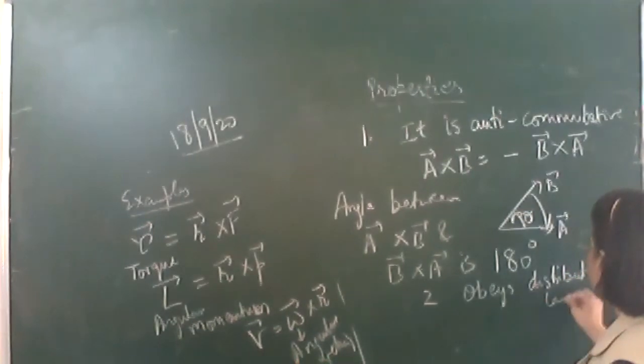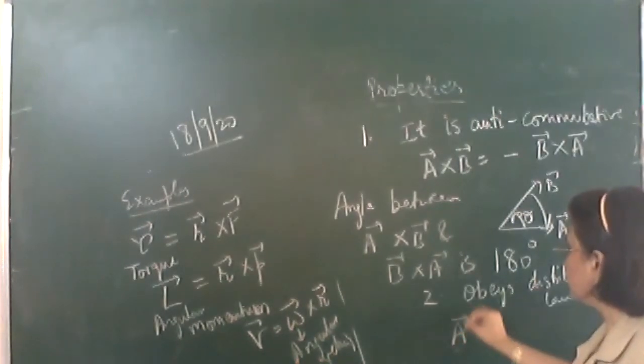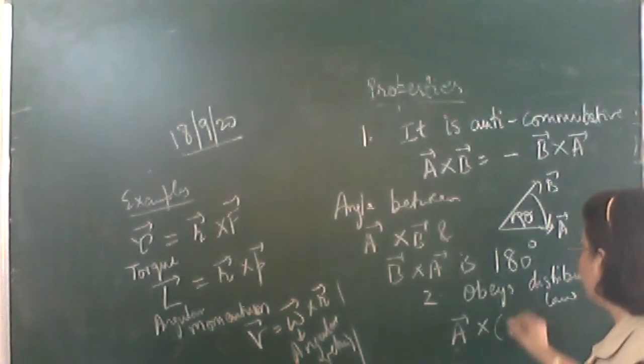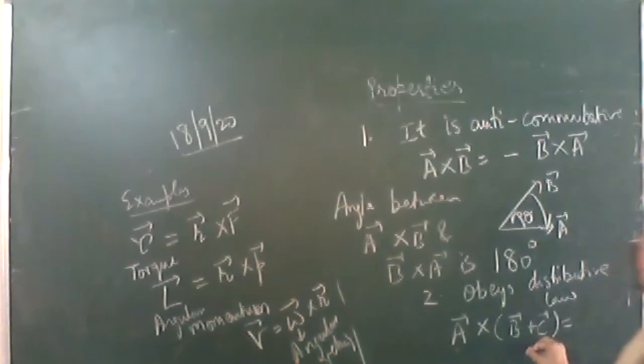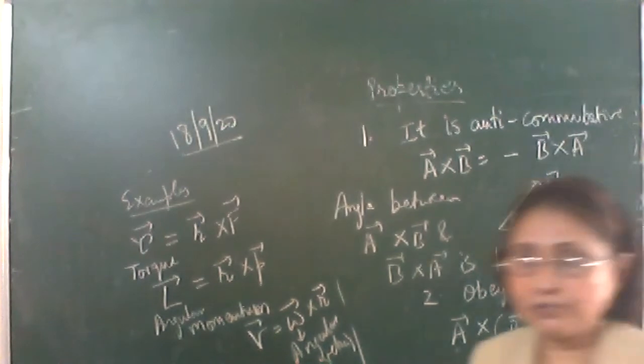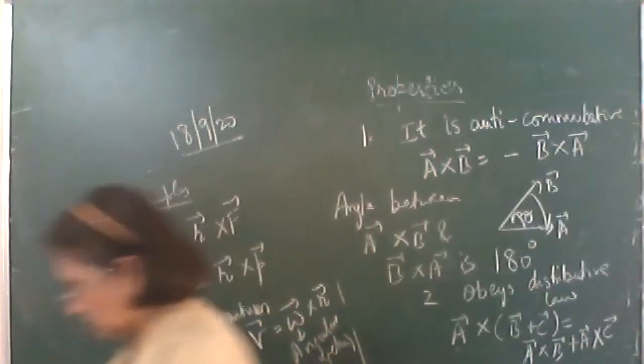That is A cross (B plus C) vector is equal to A cross B vector plus A cross C vector.